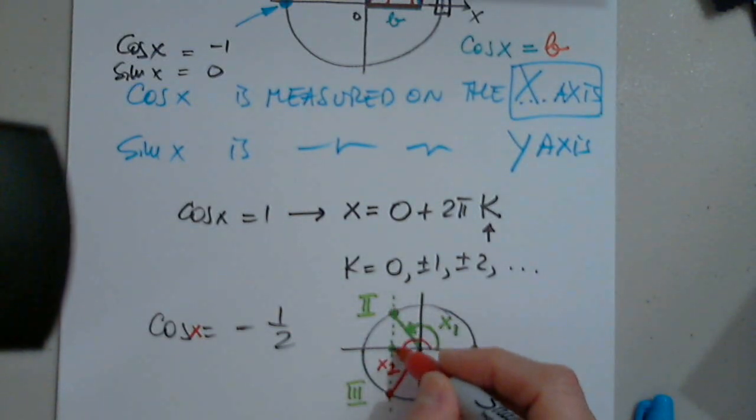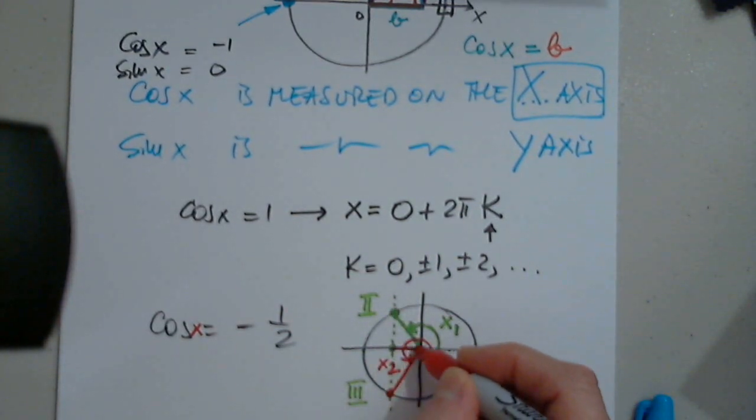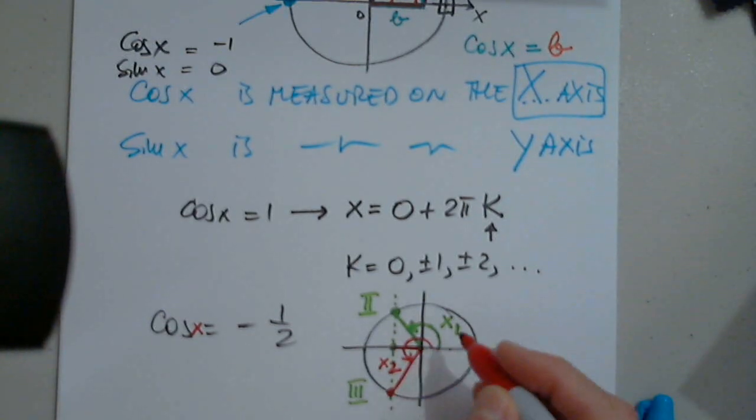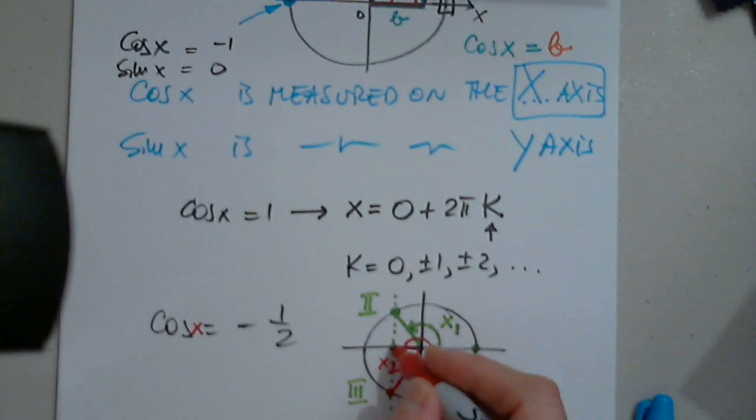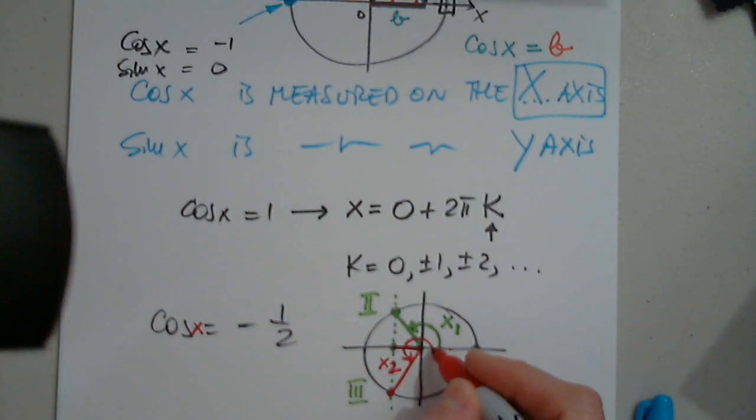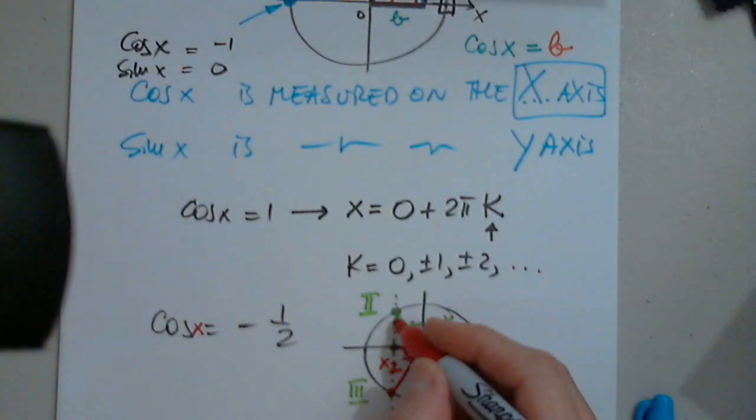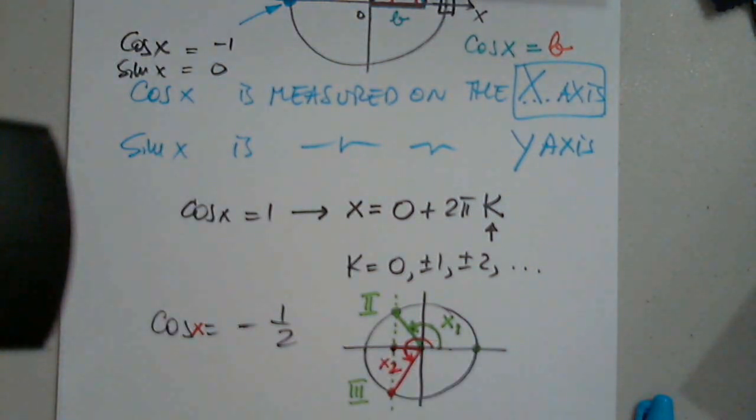So for this to be the cosine, I have to have this angle. That's why I drew the vertical line through negative 1/2. Did I answer your question, or was I off on a tangent? Was that okay?